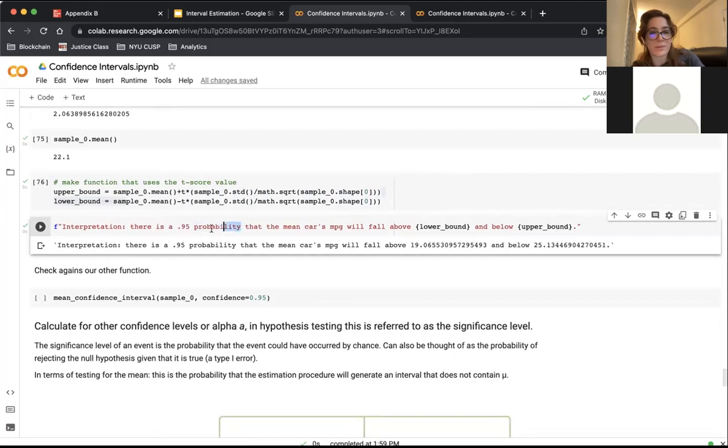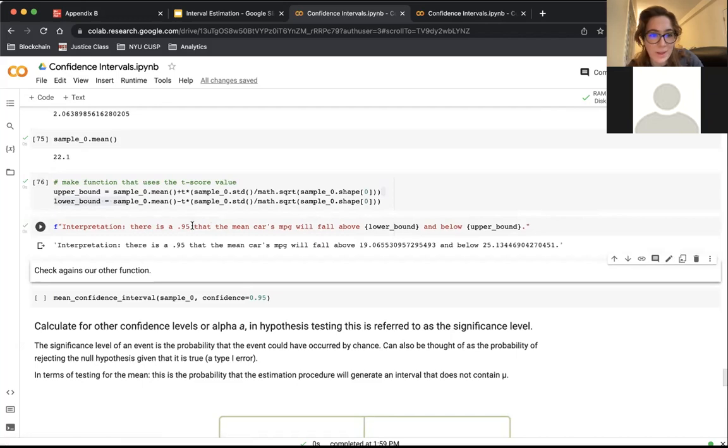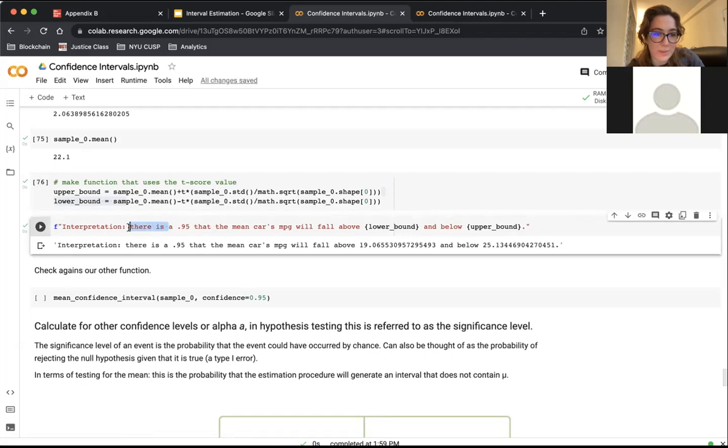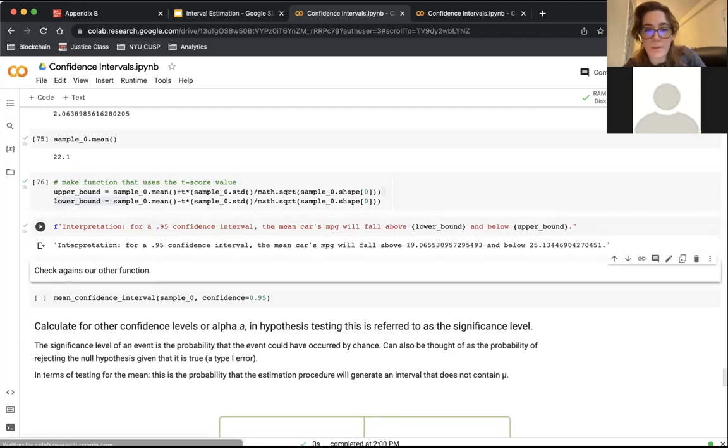Actually, I don't like what I wrote here, because it's not really a 95% probability, it's more like 95 out of 100 times the car would fall within these values. So I'd rather say for a 95%... Okay.